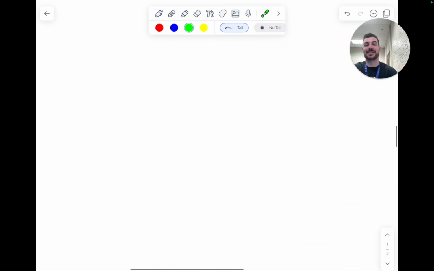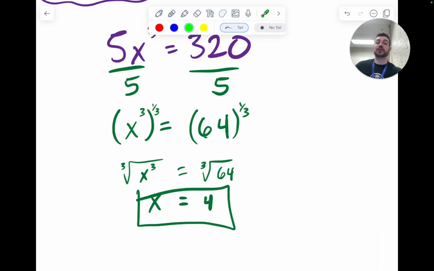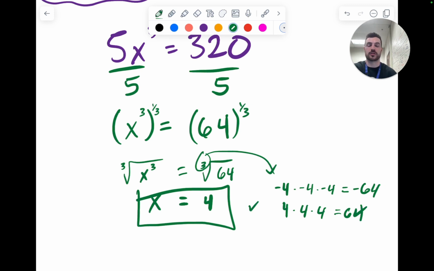I did not need a plus and minus here because I knew it had to be a positive 4. Now, if it was -4, I'd have 3 of them, and that gives me a -64. So the only way that works is if it's positive 4. That's why this one did not need a plus or a minus.